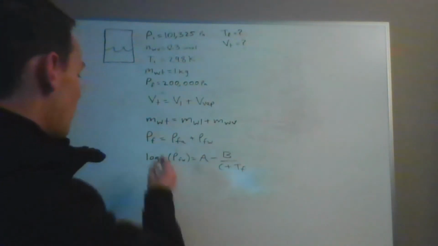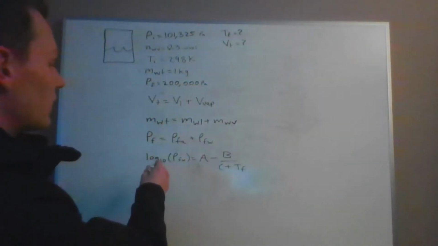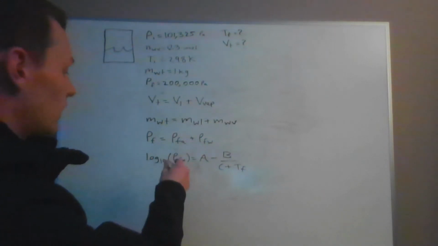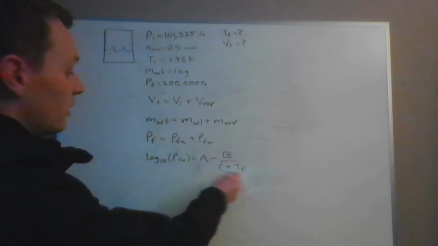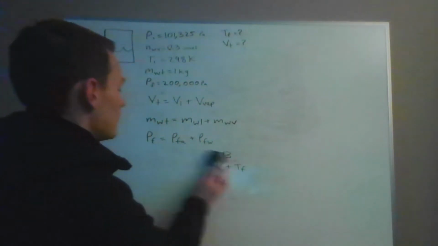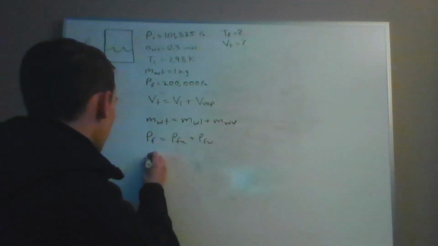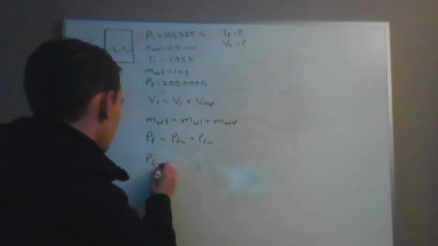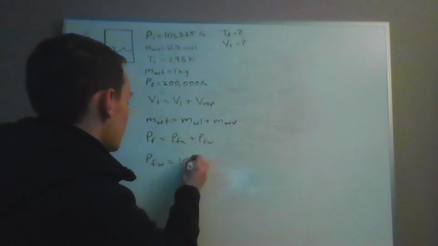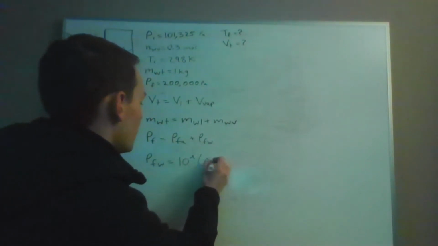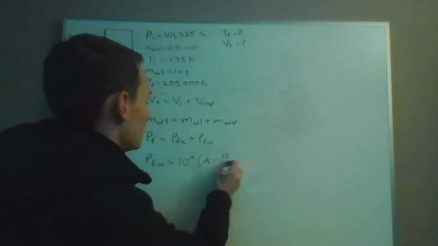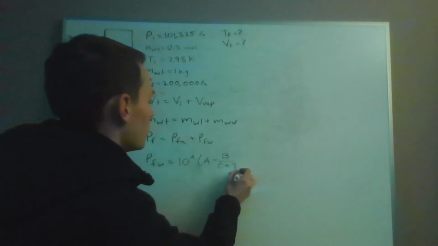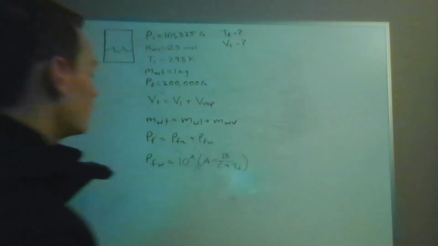I'm going to rewrite this so that we have 10 raised to the power of this, set equal to our final vapor pressure of water. So this is just going to be 10 raised to the power of A minus B over C plus our final temperature. Okay, excellent.